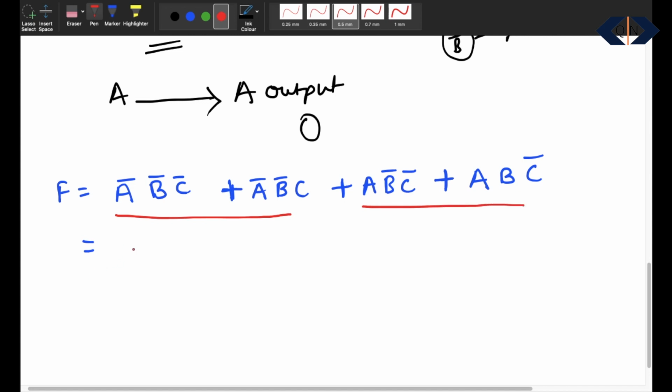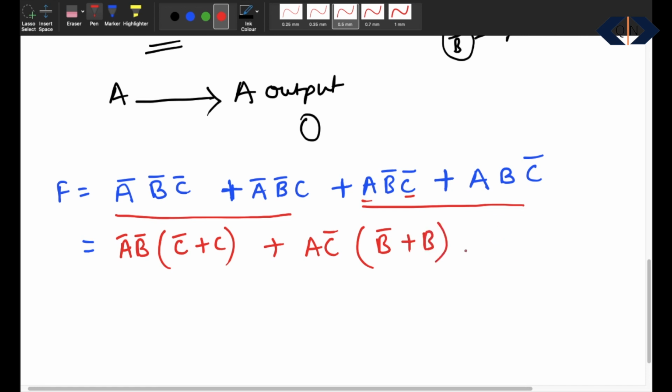Yeah, definitely we can apply. So from here we can take common A bar B bar, and it is C bar plus C. Plus here we can pull out A C bar and it will be B bar plus B. So we know that C plus C bar is 1, same as this.